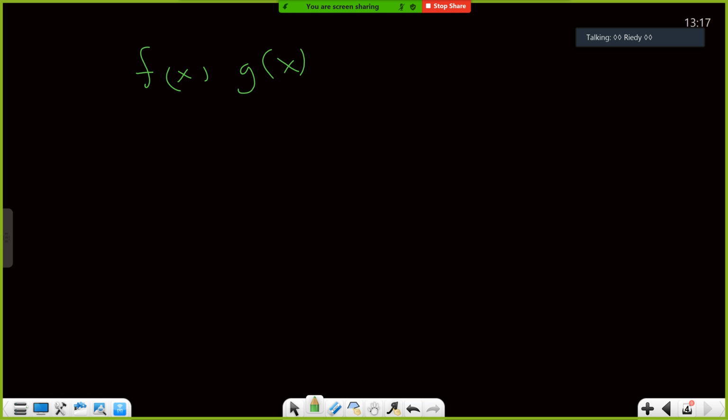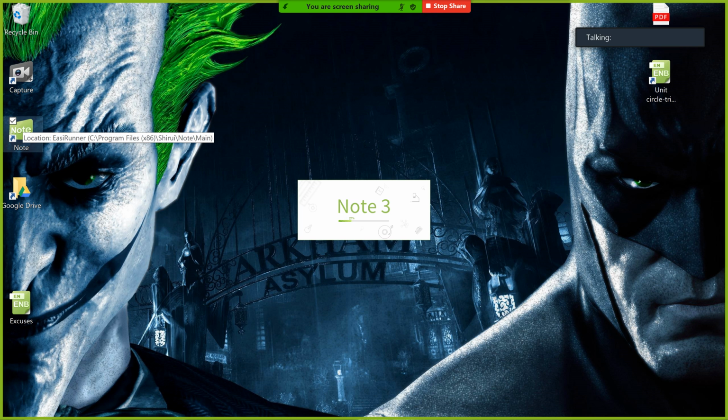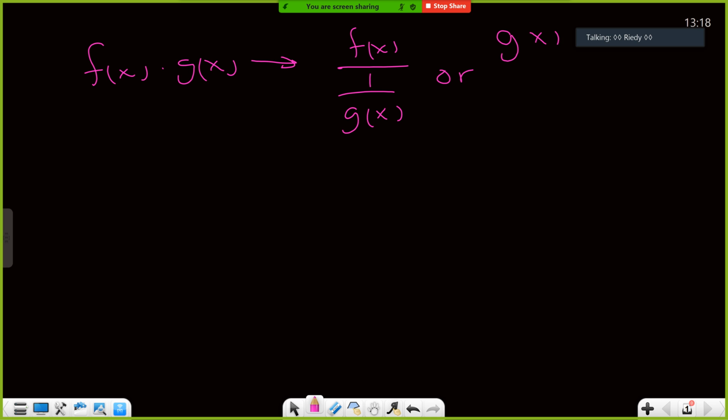You'll see once all the puzzle pieces fit together. f of x times g of x is the same thing as f of x over 1 over g of x, or g of x over 1 over f of x.